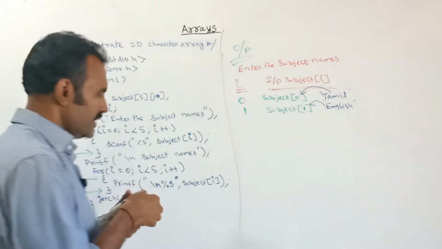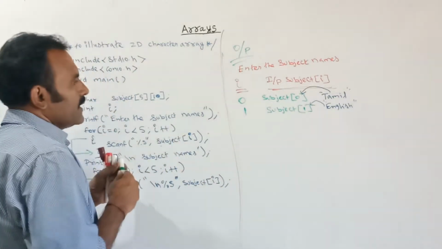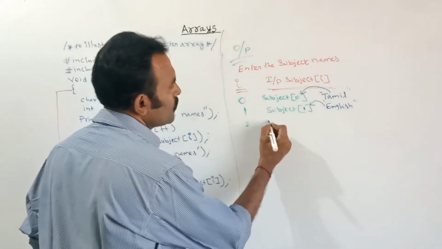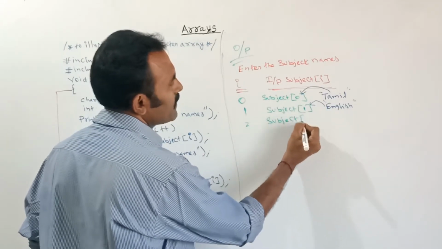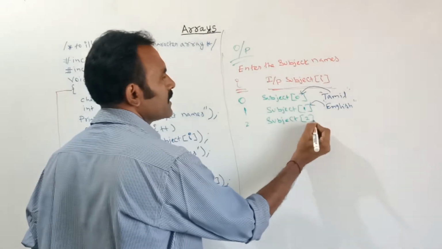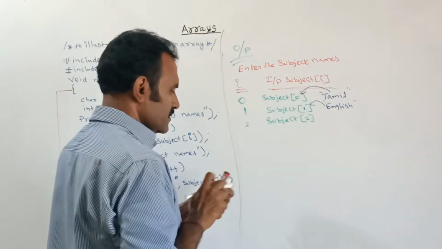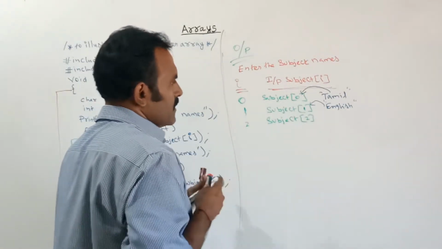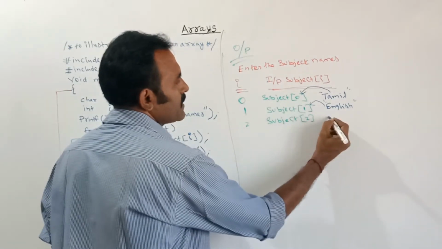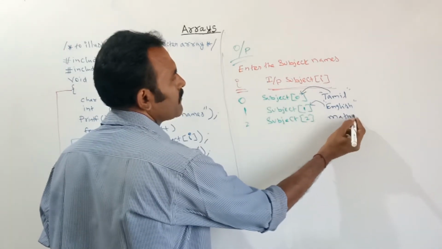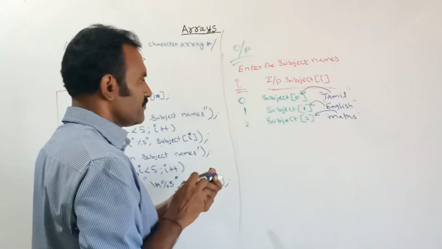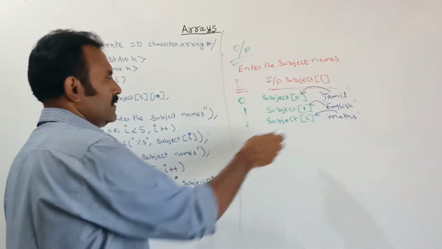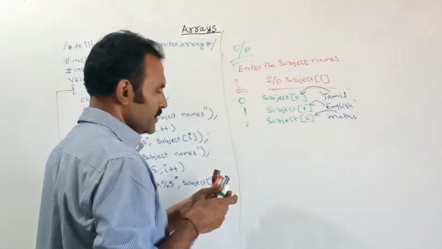In similar way, next I value will be 2. Here, same as before, subject of second value. Suppose you are giving the subject name as Maths, the string Maths will be stored to the variable subject of second location, second position.